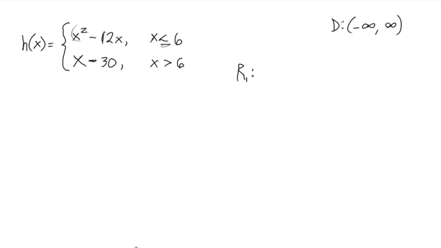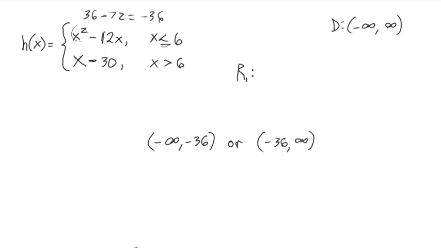So 36 minus 72 is equal to negative 36, okay? But because it's a quadratic, one possibility is negative infinity up to negative 36, or another possibility is negative 36 up to infinity, okay?